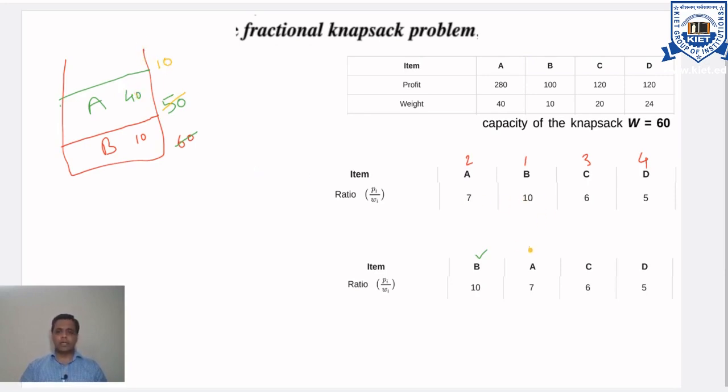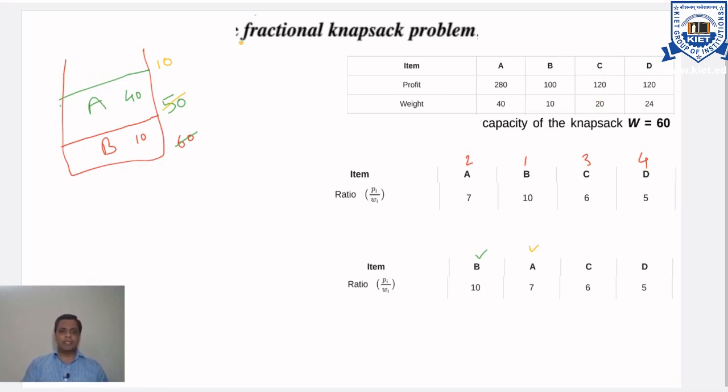Now the next costly item is C. The weight of C is 20, but here the bag capacity is 10 kg only. I am taking the unit kg and rupees, but for the sake of simplicity only, it could be dollars or anything.